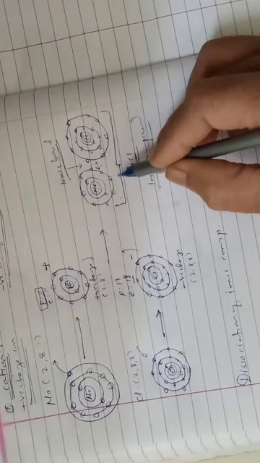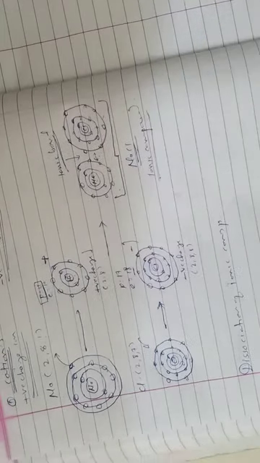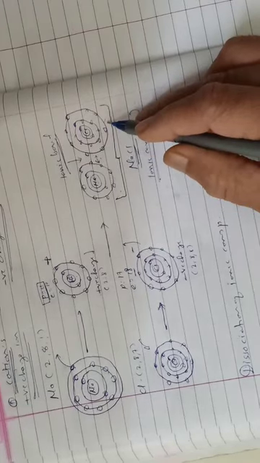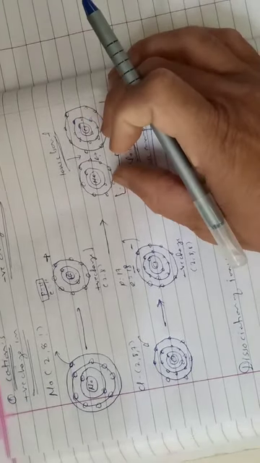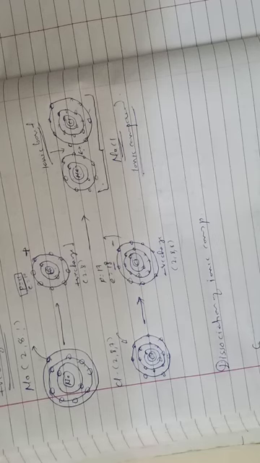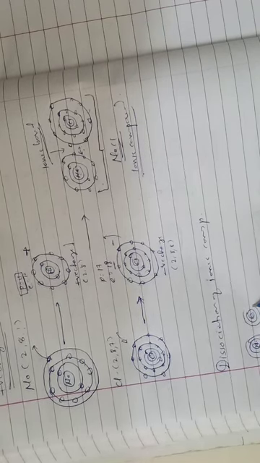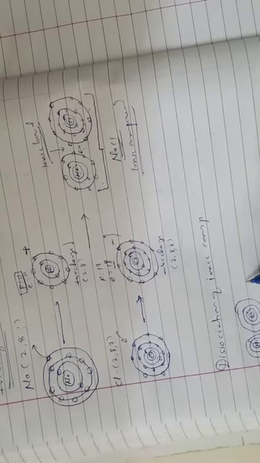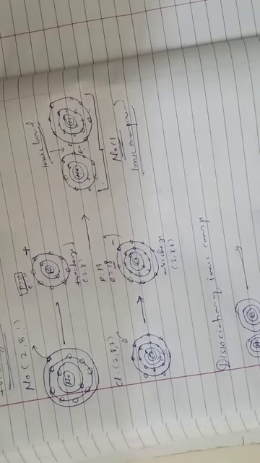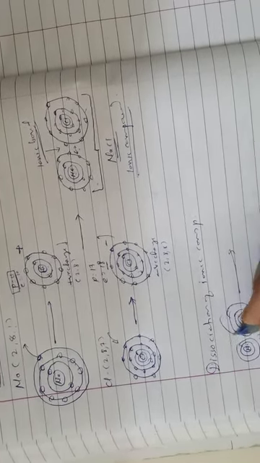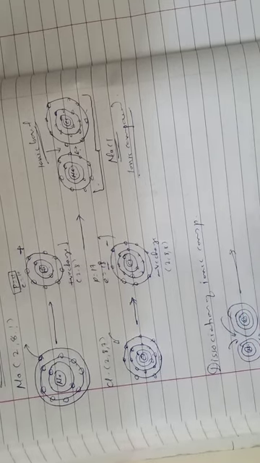Generally, they have the two ions compactly arranged in the solid state, but when dissolved in water, the water molecules enter in between these two ions.